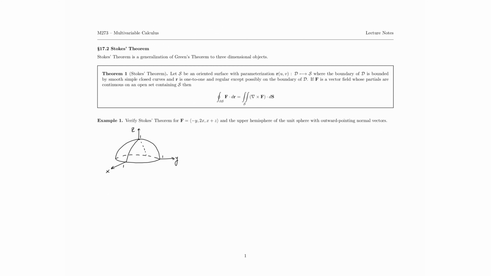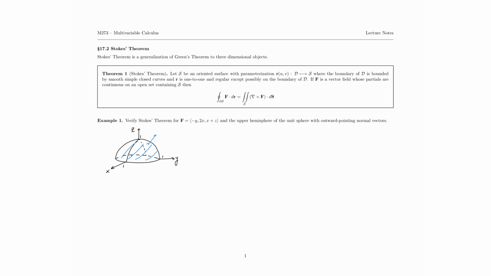So if we orient this with outward pointing normal vector, so put a little sort of curvature on that. So let's go ahead and say that's our kind of curvature. There's our sphere.